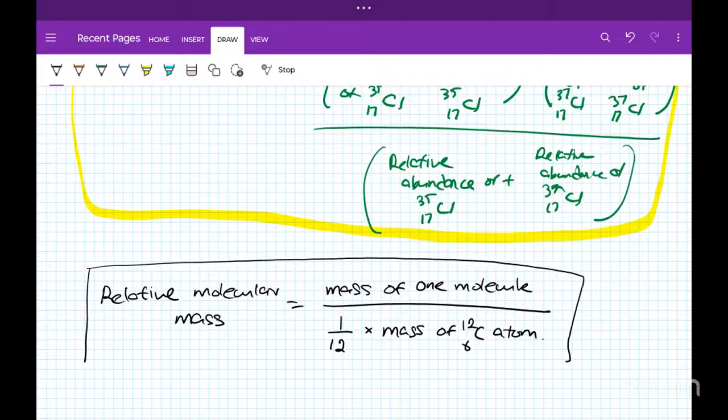So in this manner as well, we can calculate the relative molecular mass. This is called RMM. The previous one is called RAM. So relative molecular mass and relative atomic mass. Very simple concepts. What we do is take the mass of one atom or molecule divided by 1/12 of the mass of a C-12 atom.